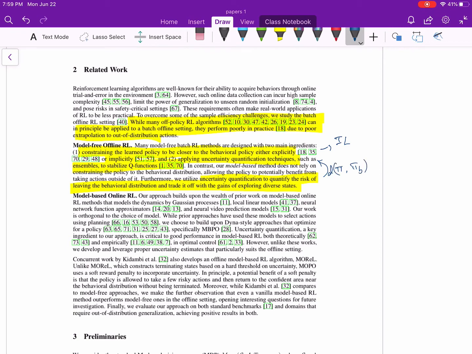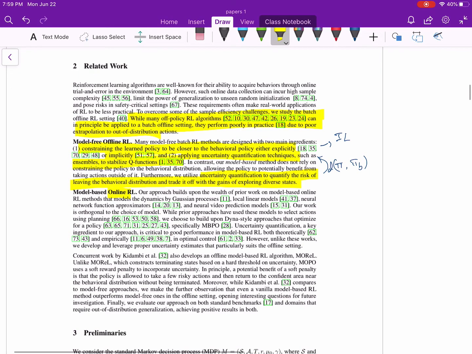Now model based online RL. The first paragraph is on the online part of the RL. So we already saw that the interactions don't help further. So let's move to the second paragraph.